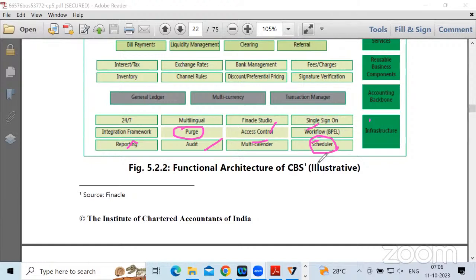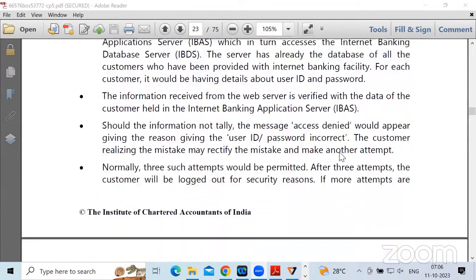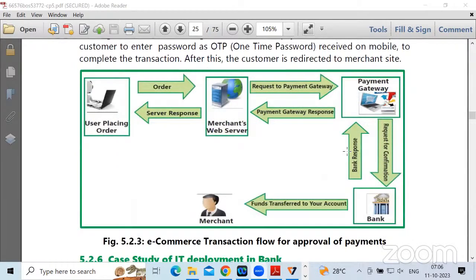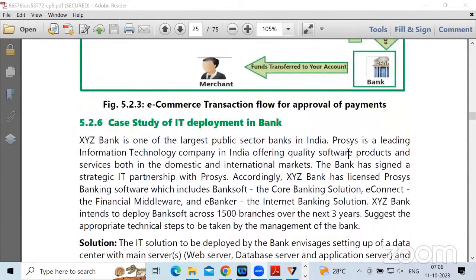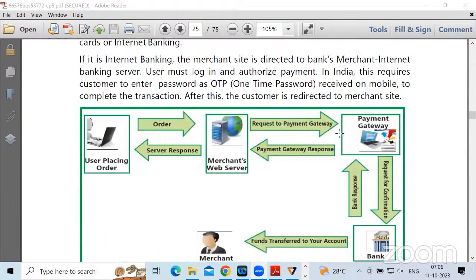So every midnight, 12 o'clock, backup will be carried out. So that's called scheduling, job scheduling. So already we have seen the same thing in internet banking, online payment.